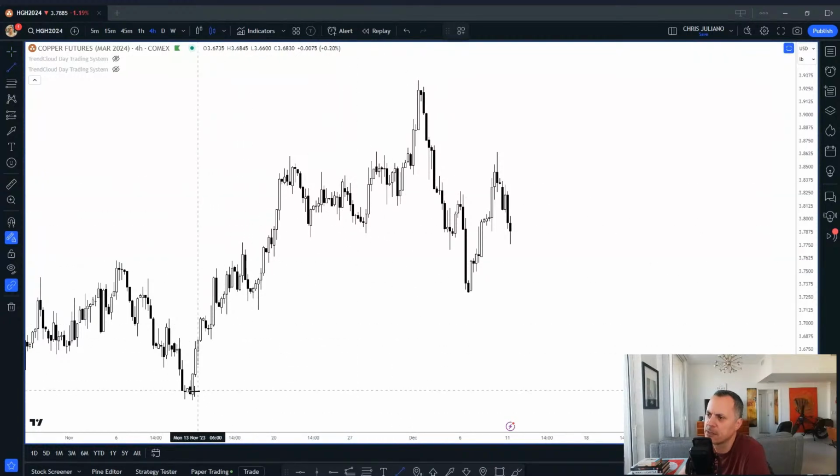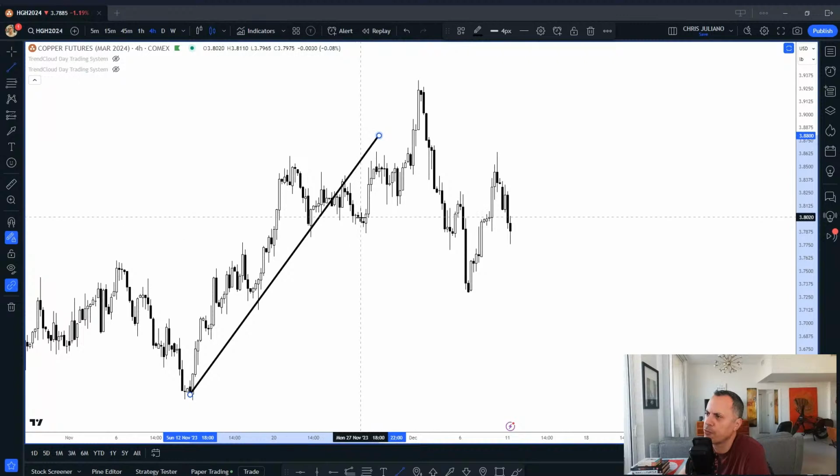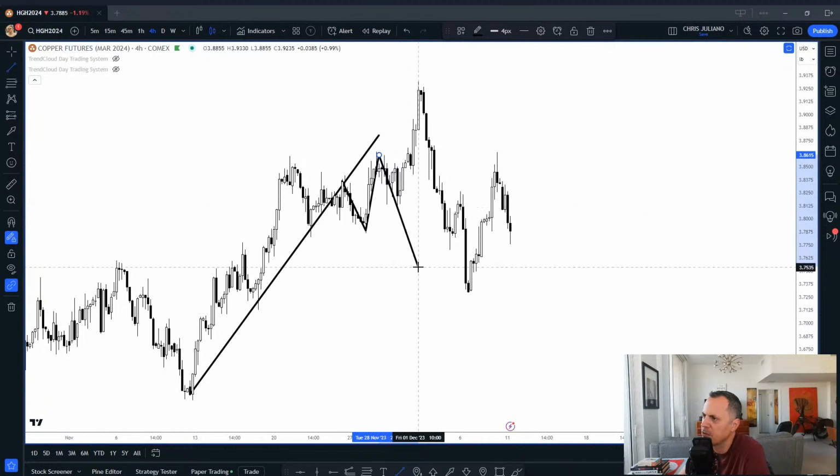We had this trend going up, broke through the trend line, pulled back up, found support, and it didn't follow through. We thought maybe there'd be a break of structure here. That's what we were looking for, but it didn't do that.